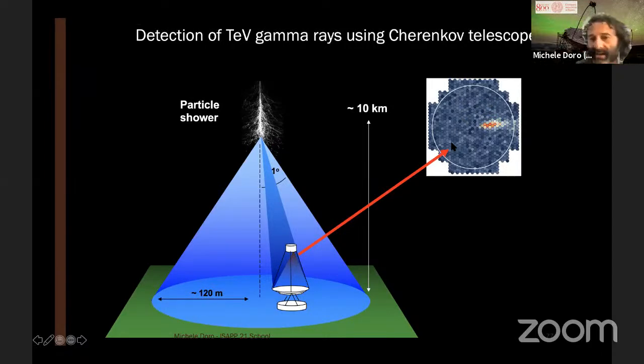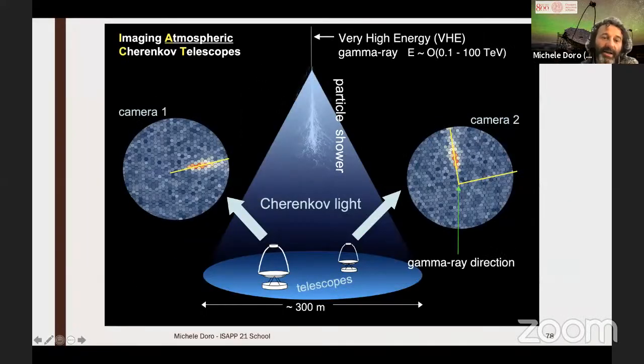By the analysis of this image, you go back and predict the energy of the gamma ray that was coming. Normally, you put more than one instrument, like 2 telescopes, so that you can have a stereoscopic view and better detect the event.